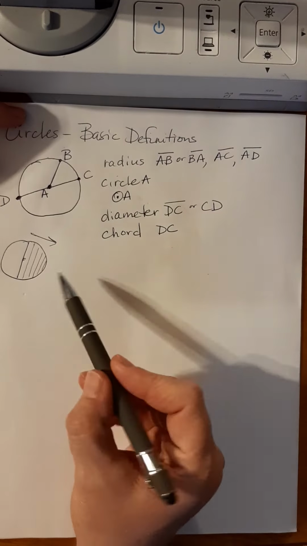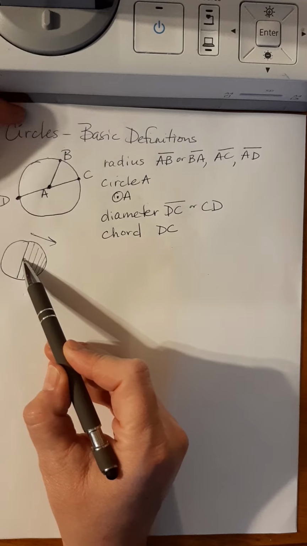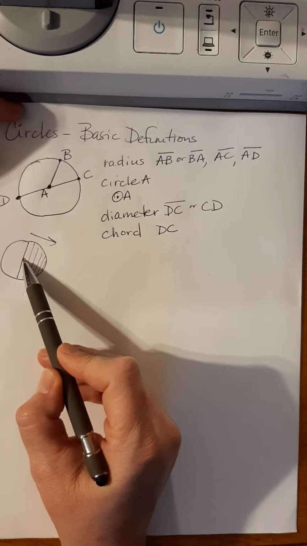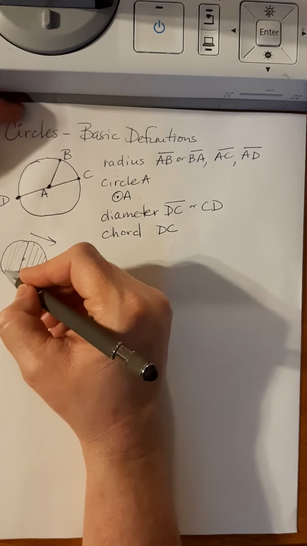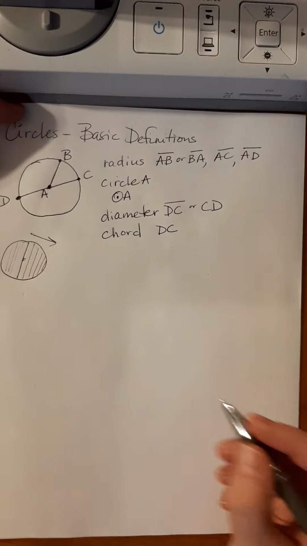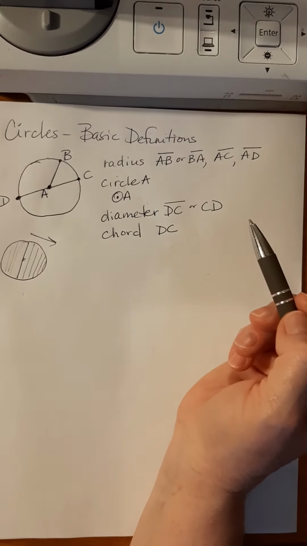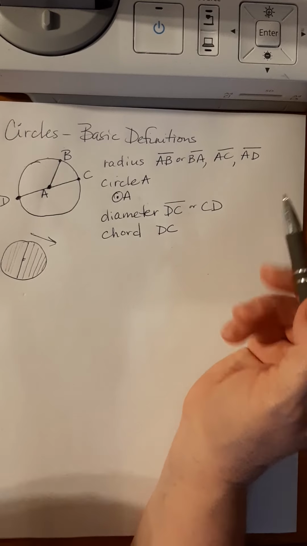Or you could say the reverse of that: the chords are getting longer until you get to the diameter, and then that's its peak, and then they go back and get smaller again. So DC, the diameter, is the longest chord.